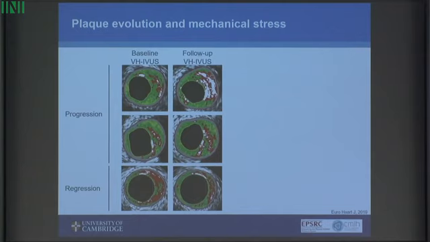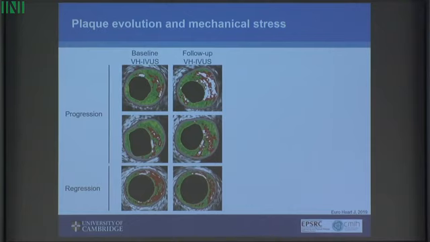And all the images are already pseudo-colored, with red representing the necrotic core, green representing the fibrous tissue, and white representing the calcium. Cardiologists told me that this color scheme was actually chosen to be intuitive, so that red is bad, green is good, and white is boring, such as the bone.